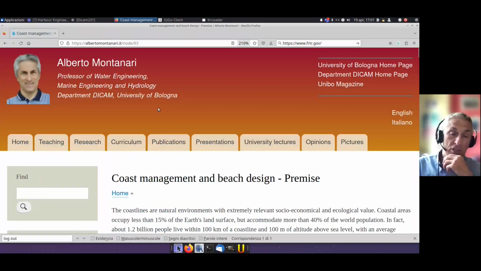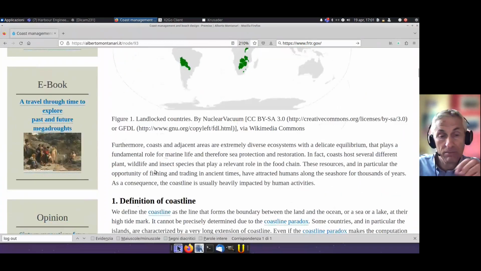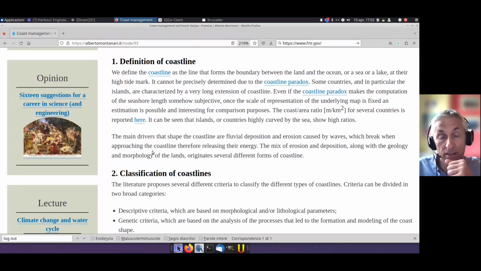Now, there is a premise, as you may remember, on coast management and beach design. Here, there is some information that you may find in some of the questions which I will ask at the exam. What is a coastline?